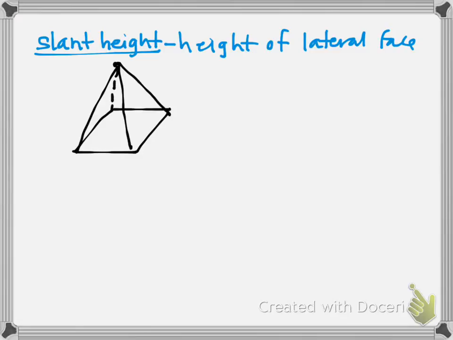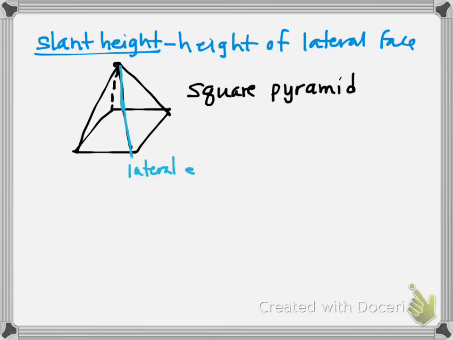So this would be considered a square pyramid, because remember, it has to be a regular base. So the only thing that could be would be a square. So just to label a couple things, this is called a lateral edge. It's where two lateral faces meet. This guy is going to be called a base edge. Sometimes you'll hear that.